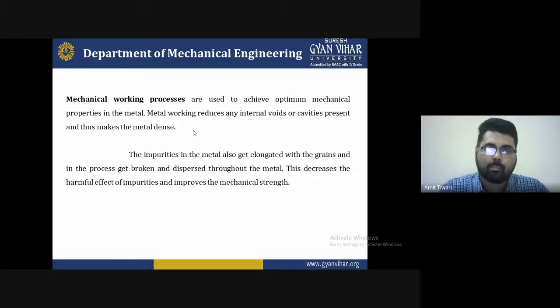This depends upon how much impurity is present in the metal, in what ratio, and what types of impurities. Sometimes we also have to consider corrosion problems. There are different types of corrosion conditions, depending on the particular material, and we solve the particular corrosion problem accordingly. So this decreases the harmful effect of impurities and improves the mechanical strength.